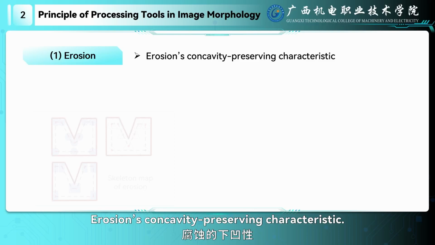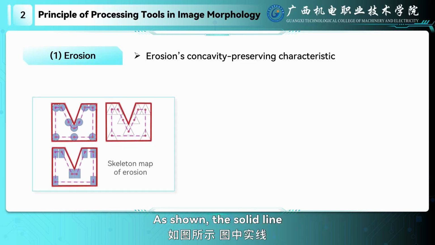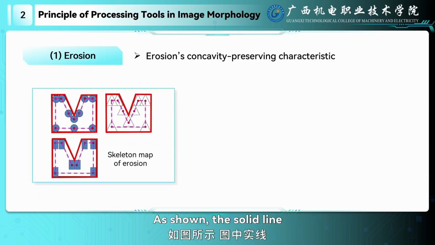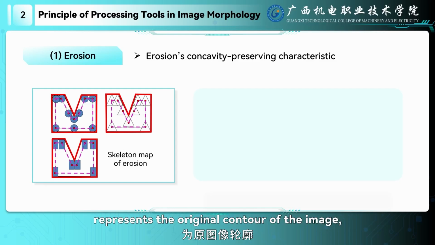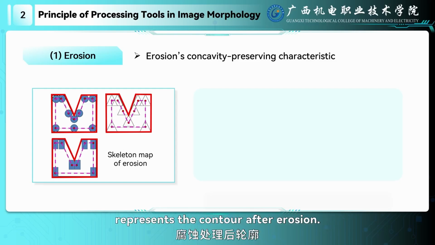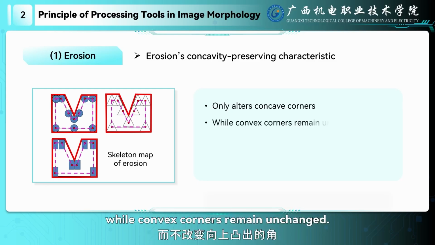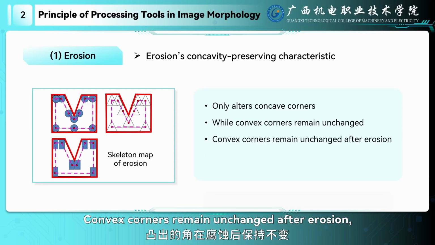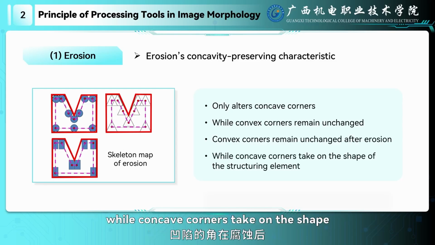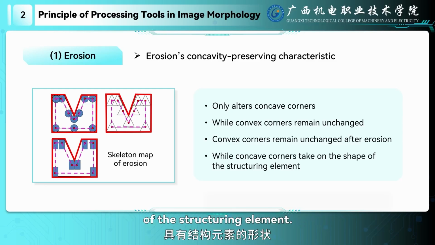Erosion's concavity-preserving characteristic. As shown, the solid line represents the original contour of the image, and the dashed line represents the contour after erosion. Erosion only alters concave corners, while convex corners remain unchanged. Convex corners remain unchanged after erosion, while concave corners take on the shape of the structuring element.